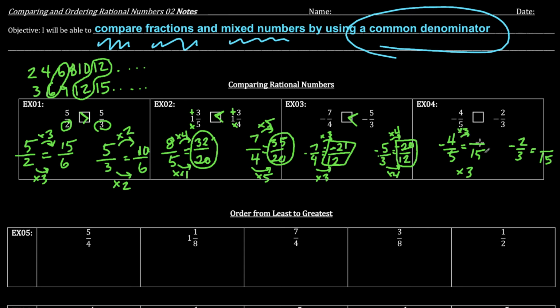I get negative 12. 3 times 5 is 15. 2 times 5 is negative 10. So remember, I'm going to look for the bigger negative. The bigger negative is this one. So it's less, which means this one is more. So larger.